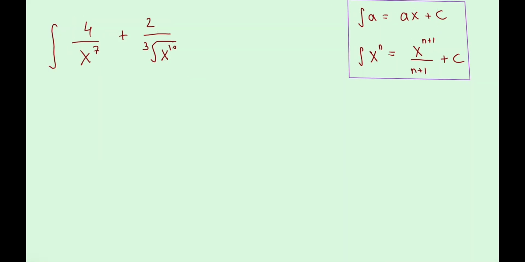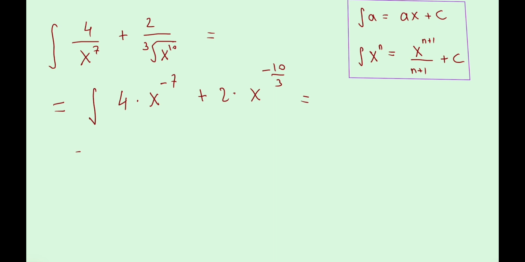In this example, we are integrating 4 over x to the 7th power plus 2 over the cubed root of x to the 10th power. Now, this one is also better to rewrite. So we're going to get 4 times x raised to the negative 7th power plus 2 times x raised to the negative 10 over 3 power.